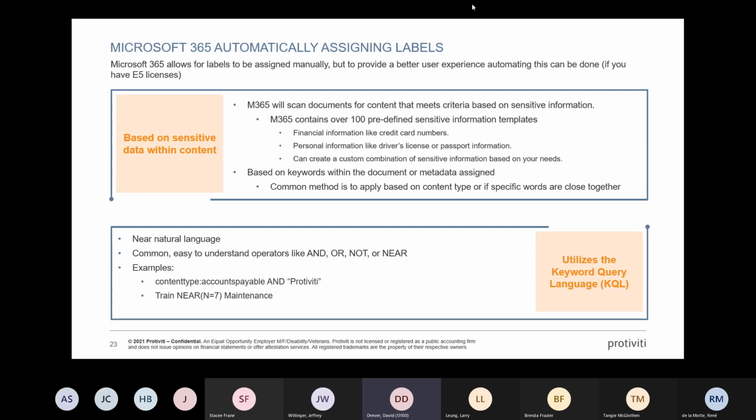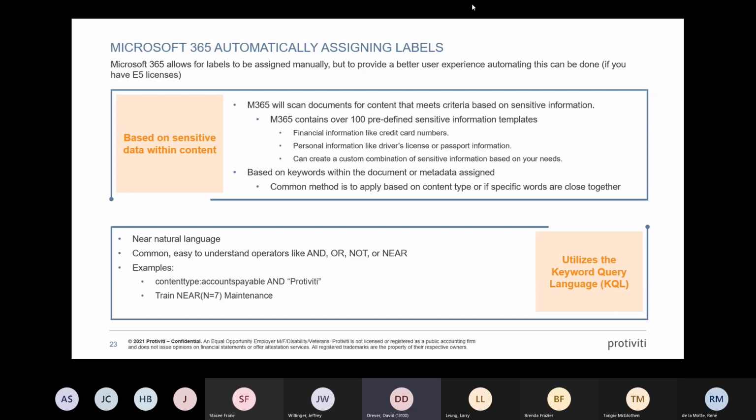Similarly, and this one's kind of neat actually, say for instance I'm working for the city, we're maintaining our trains, and I'm looking for a train maintenance document. Some documents get long, so I can have both train and maintenance in it, but it may not be a train maintenance document. But in my example here, I have train NEAR n=7 maintenance.